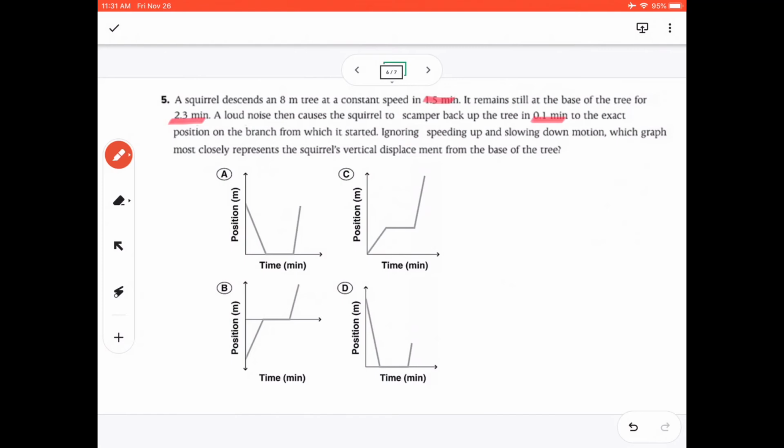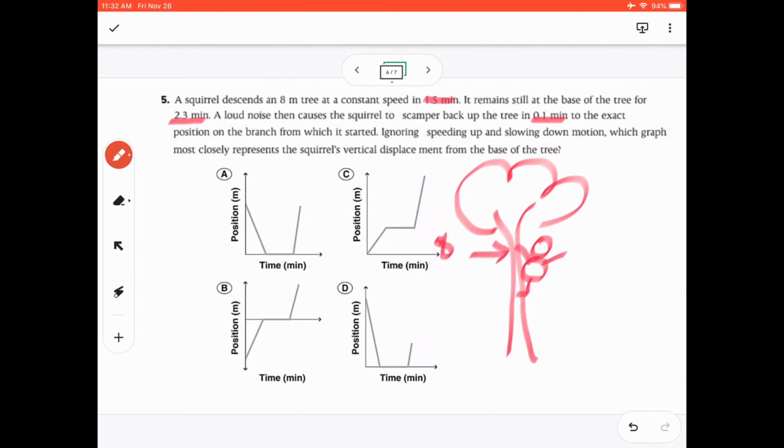If we draw a tree, the squirrel was originally up here, at 8 meters. Then it went down and stayed down for a little bit, and then it heard a noise and went back up to the same level. So the only logical answer here is letter A. Why?